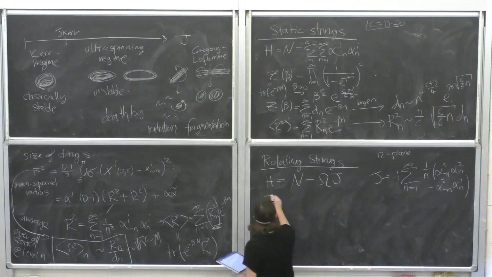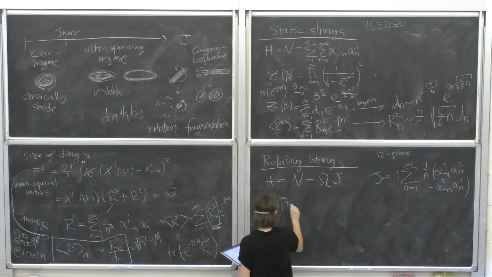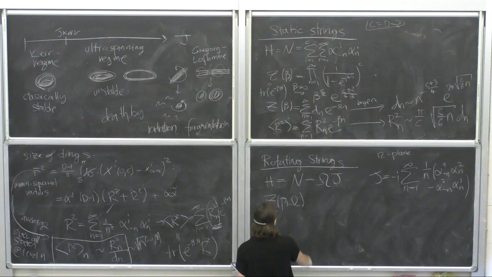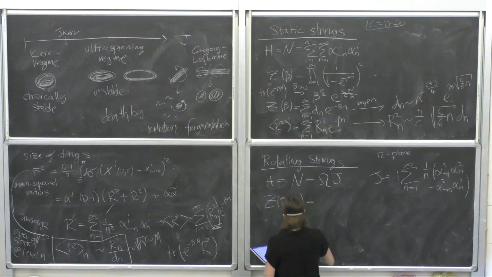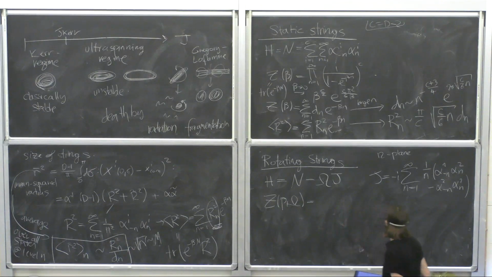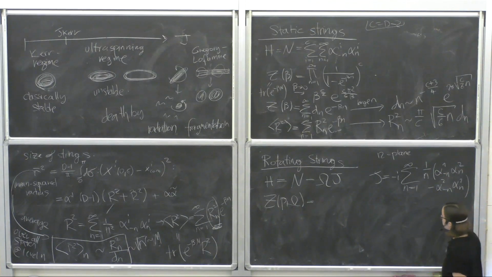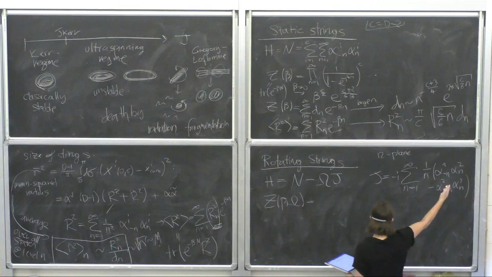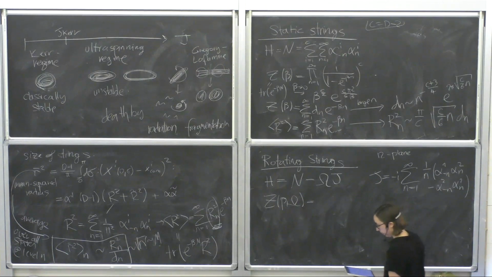So then what happens to the partition function? Now the partition function will depend not just on beta, but also on this angular velocity omega. So I plug in this angular momentum in terms of the 1-2 oscillators.